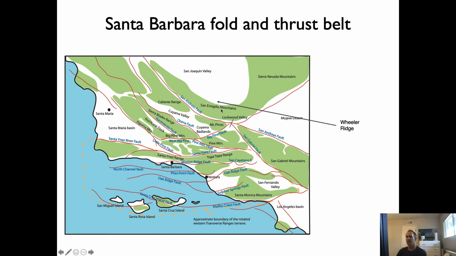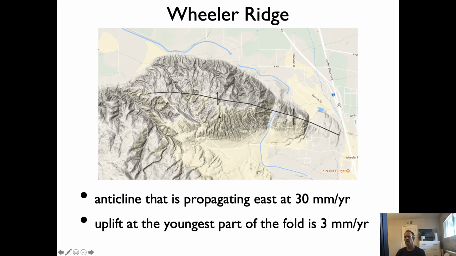So at the north end of the Transverse Ranges, the southern end of the Great Valley, we have a place that's called Wheeler Ridge, and this is what it looks like in the Google topo map. It's a big ridge, and out towards the west, you see it gets lower and lower and lower.